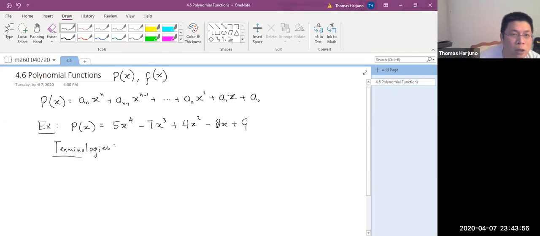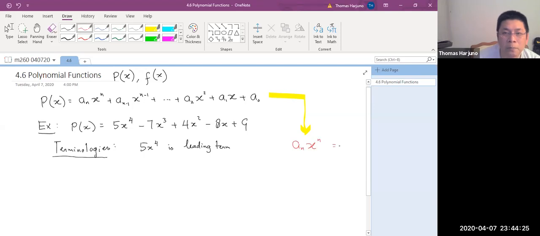The first one is that 5x to the 4th, in this case, is called the leading term. So if we look back to our general form, then a sub n x to the n is the leading term.